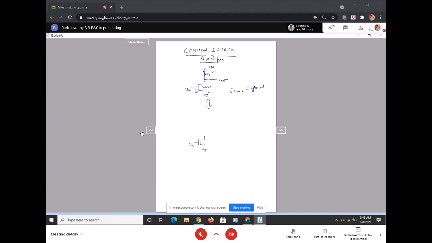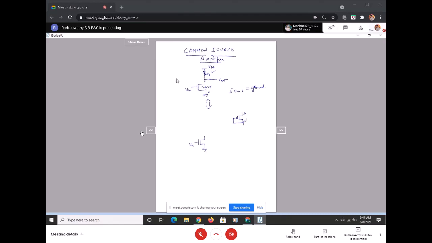Now I can use a PMOS. This is my drain, the source, the gate connected to the drain. This is my source, this is my gate, and this is drain now. So gate is shorted to the drain.